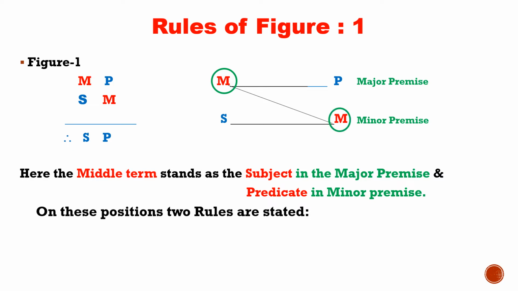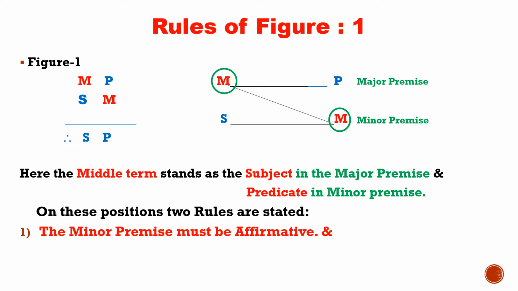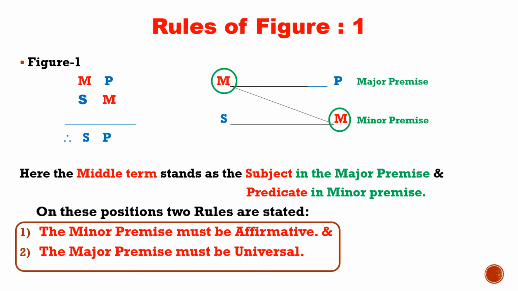On these positions, two rules are stated. That is, the minor premise must be affirmative. Which are the affirmative propositions? A and I. And second is the major premise must be universal. What does that mean? The major premise must be either A or E proposition. These are the two rules of figure 1.